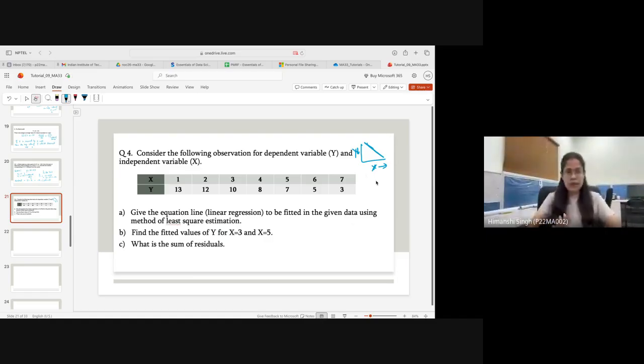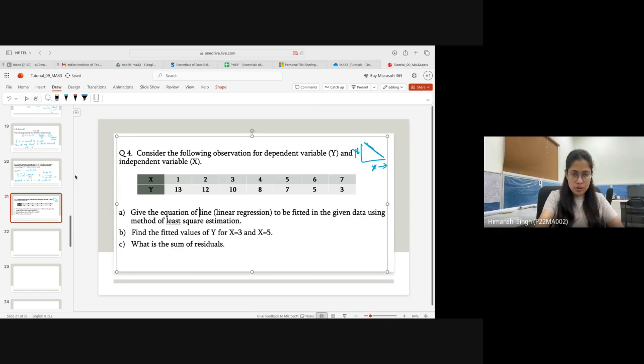So this is the data first of all. Now the question is to give the equation of the line, that is, the linear regression to be fitted to the given data using the method of estimation.